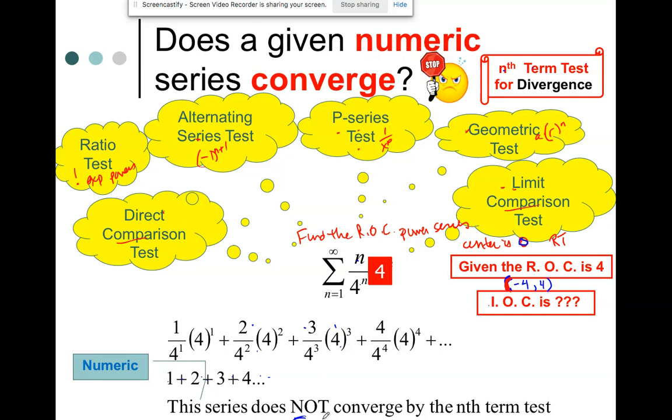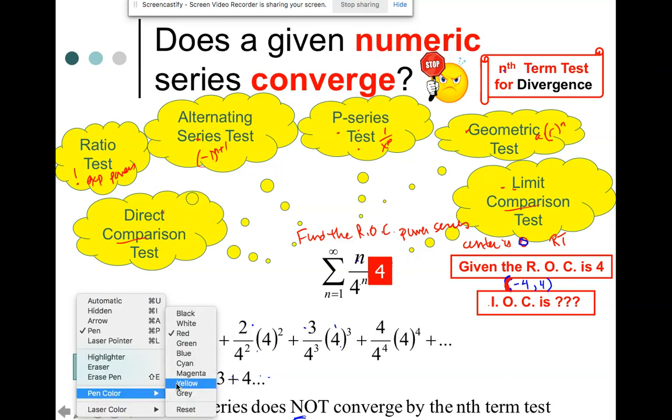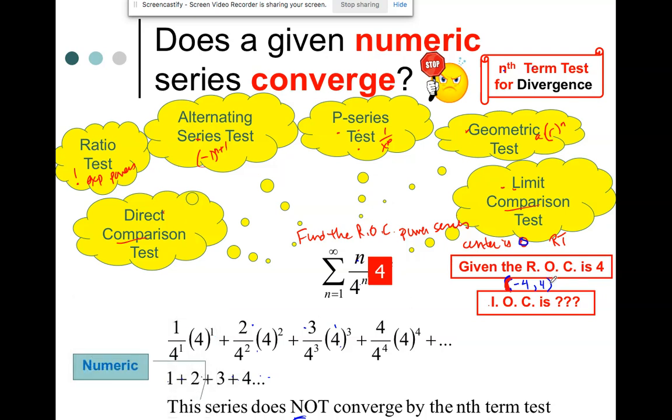What does that look like? This numeric series is not an alternating one, but the series does not converge also by the nth term test. Therefore, what does that say about the right endpoint? The right endpoint stays open as well. Therefore, the radius of convergence is 4.